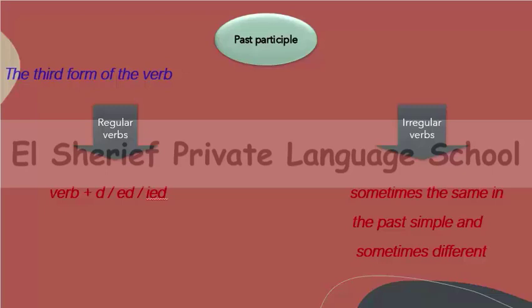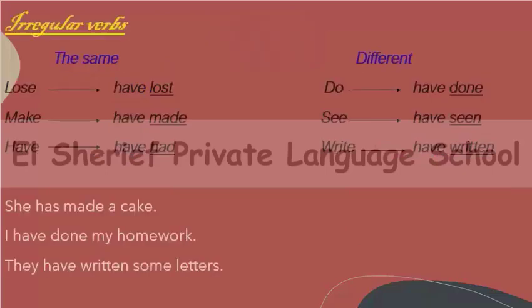But what about the irregular verbs? We have some verbs that stay the same and other verbs that change or are different from the past simple. So some verbs are the same as in the past simple, and some verbs are different. What are these verbs? Let's see.